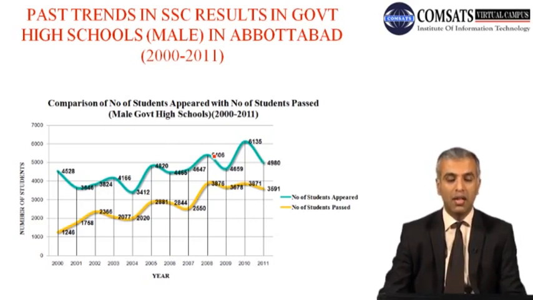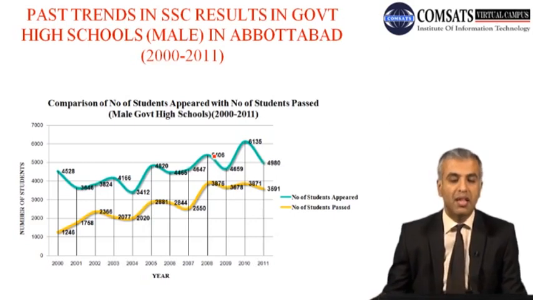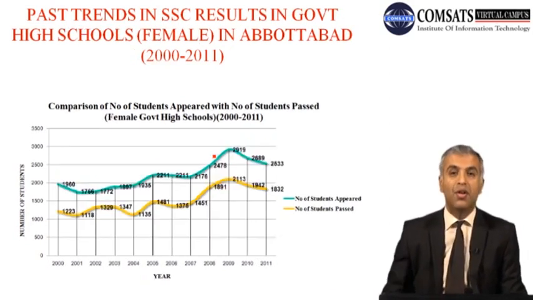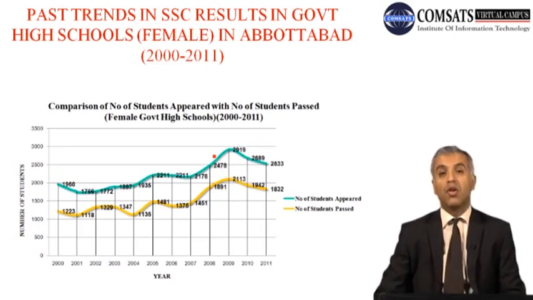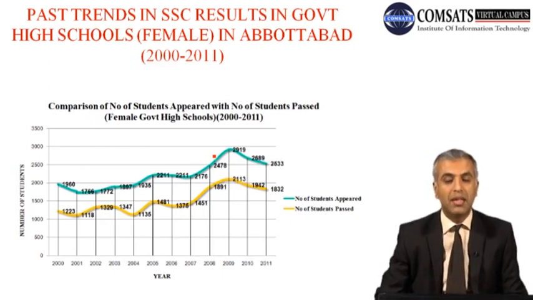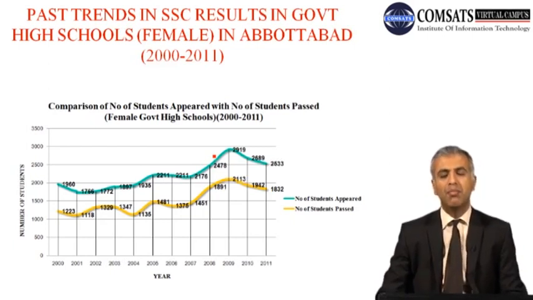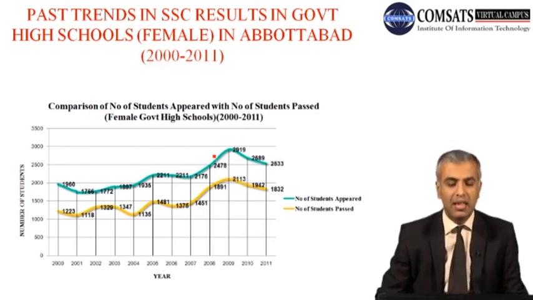Now coming to the next trend, just for your review and observation, this is the same kind of graph but of female students in government high schools in the same district from year 2000 to 2011, and again we are seeing a bit smoother trend in the number of students appearing and passing in the past few years.